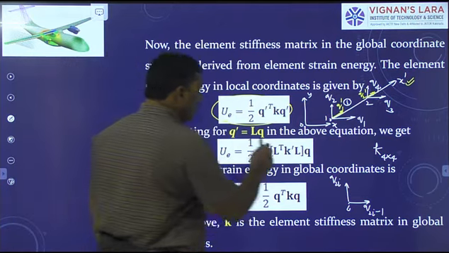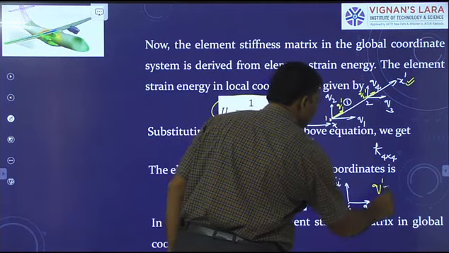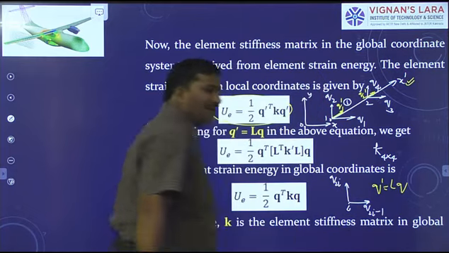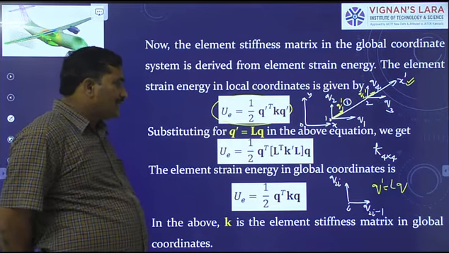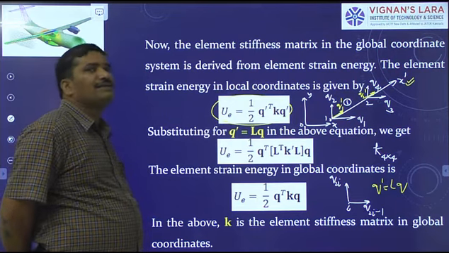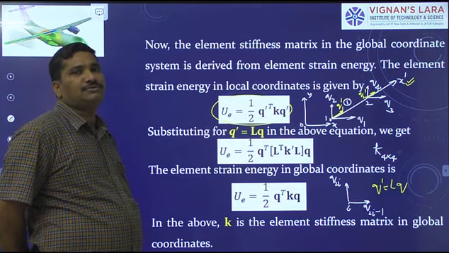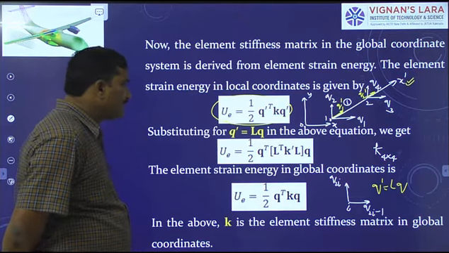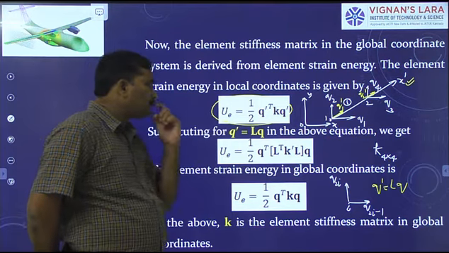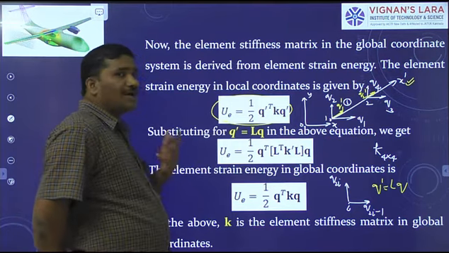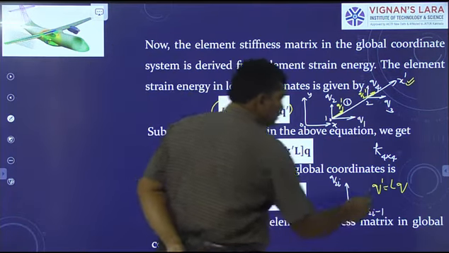We know that Q dash equals LQ. L is the transformation matrix and Q is the element displacement vector. Therefore, Q dash transpose equals Q transpose into L transpose.